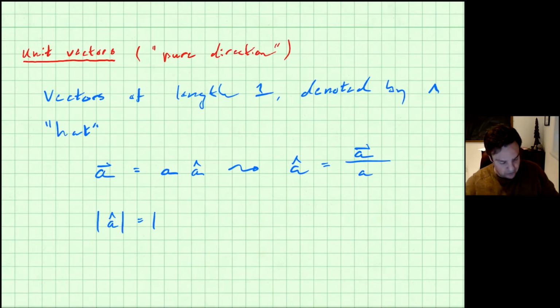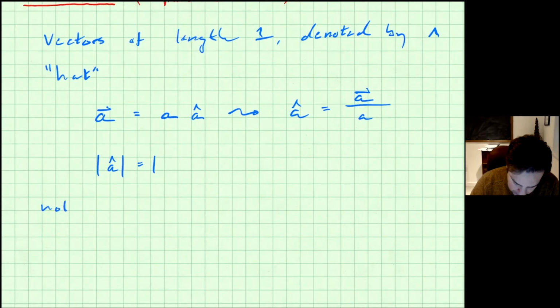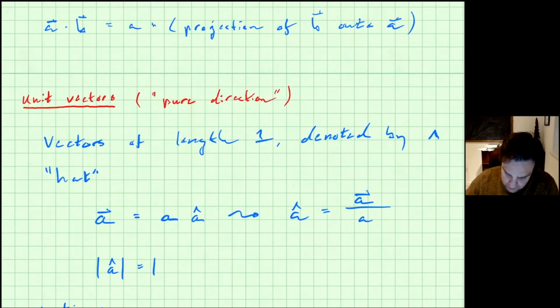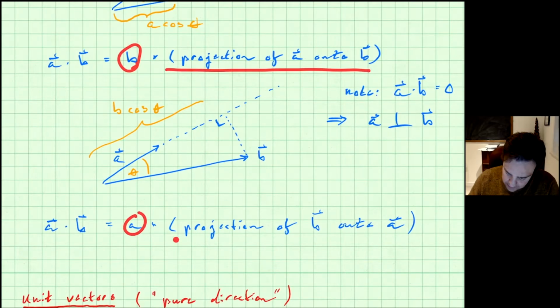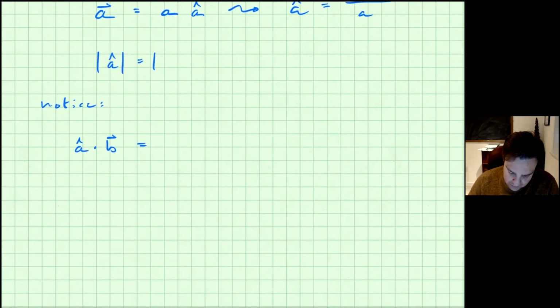And one reason they're helpful is to use in projections. So notice, if you did this dot product here, A hat dotted with the vector B, look back at those two descriptions we had over here. You can either think of it as B times the projection of A onto B, or A times the projection of B onto A. Those A's and B's are the magnitudes of the vectors.